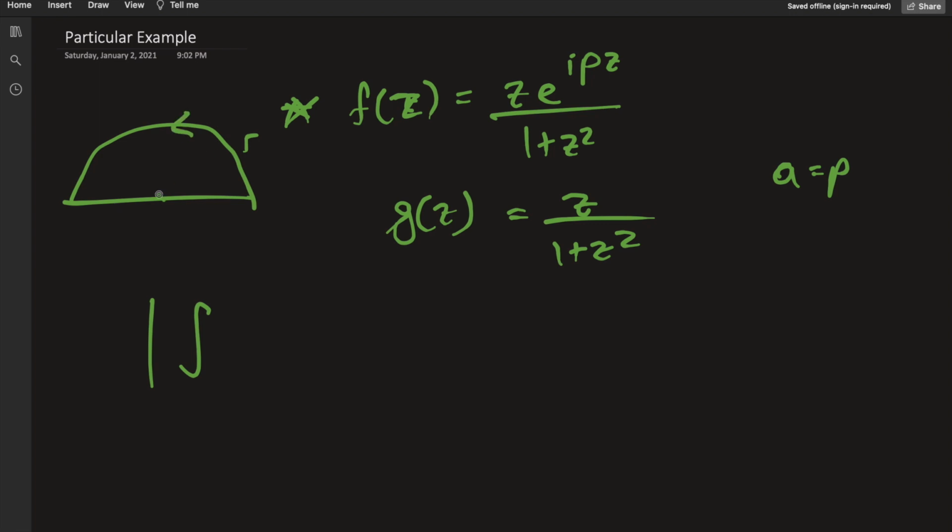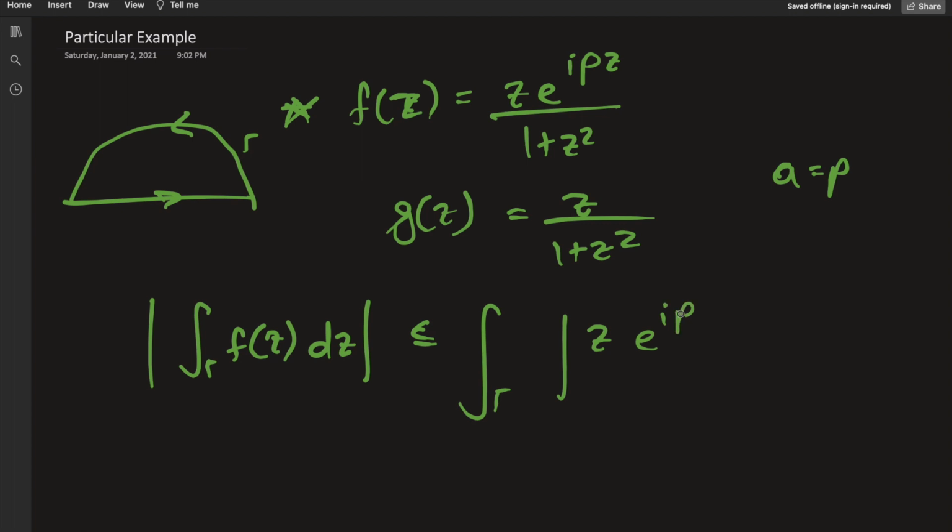The integral over gamma of f of z dz, under absolute value, is less than or equal to the integral over gamma, I'm going to skip a few steps so just be careful with that, of z times e to the i p z over 1 plus z squared, absolute value, dz.